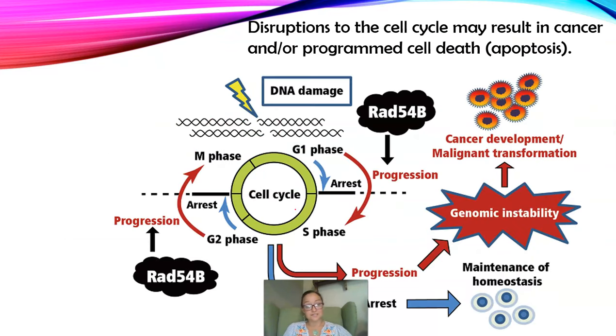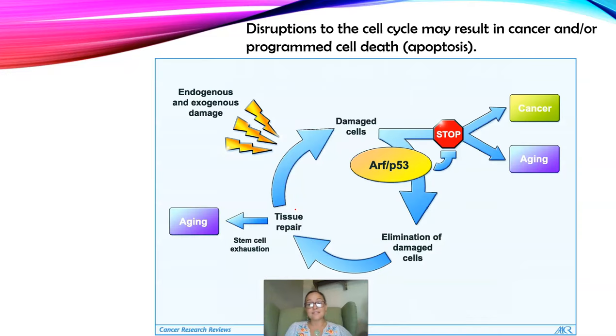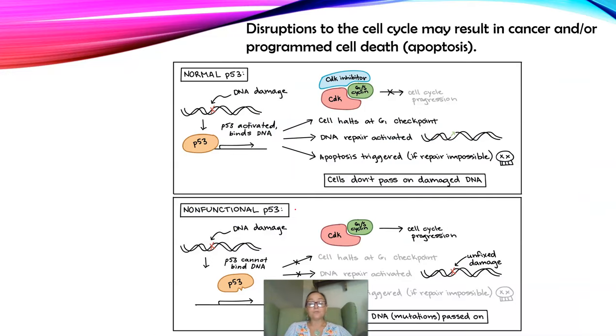Now, disruptions to the cell cycle may result in cancer and/or programmed cell death, or apoptosis. So if there is DNA damage in a cell, you don't want that cell to divide. That would be harmful. So we actually have this molecule called P53, and P53 will halt or stop the cell from dividing and passing that G1 checkpoint.